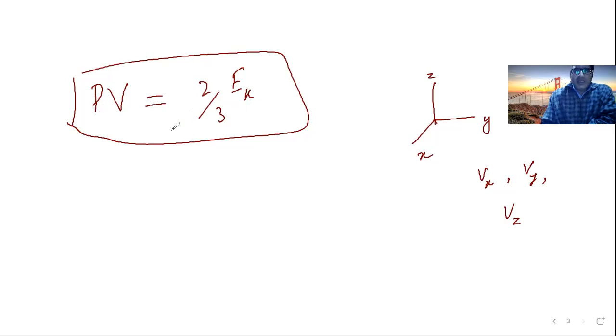And if you combine it with, as I said, that EK is 3/2 nRT, how we get there? We can get that this way also.